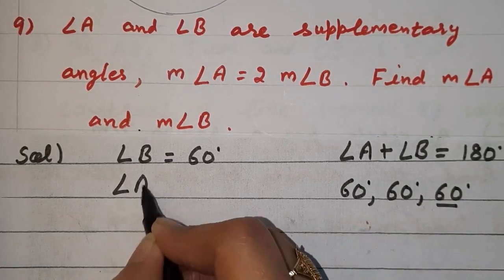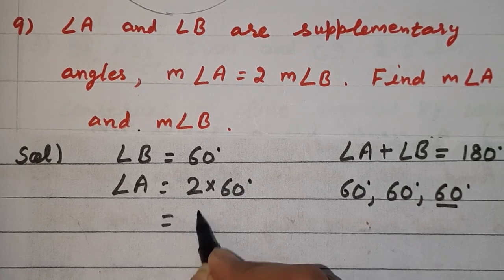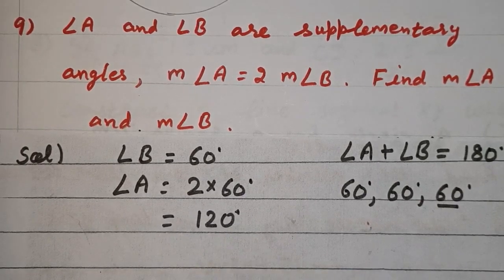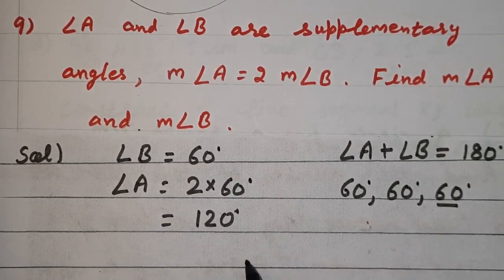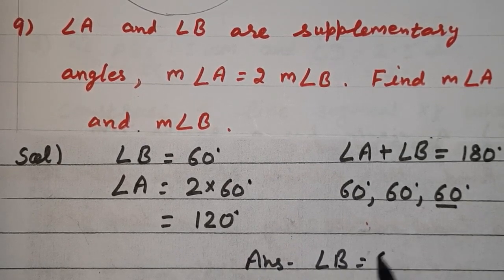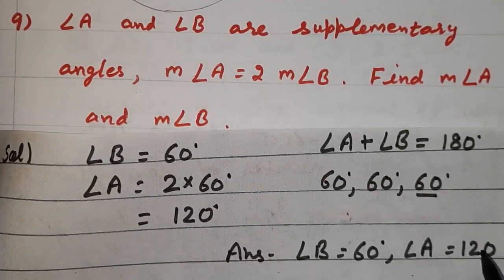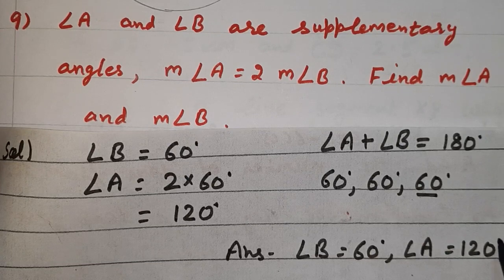Then angle A will become double of 60 degrees, 120 degrees. So these are the measurements. Angle B is 60 degrees, angle A is 120 degrees.